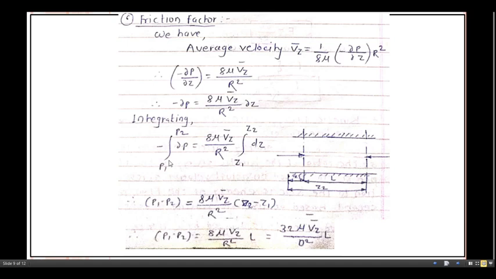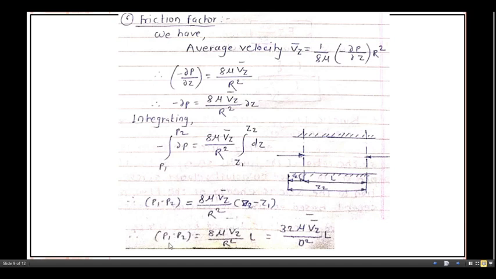The pressure variation from 1 to 2 is from P1 to P2, and along the Z direction the boundary condition is from Z1 to Z2.